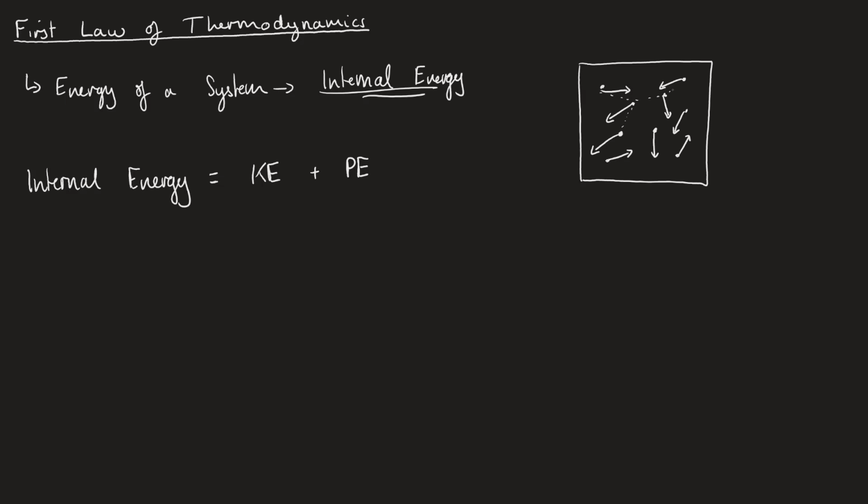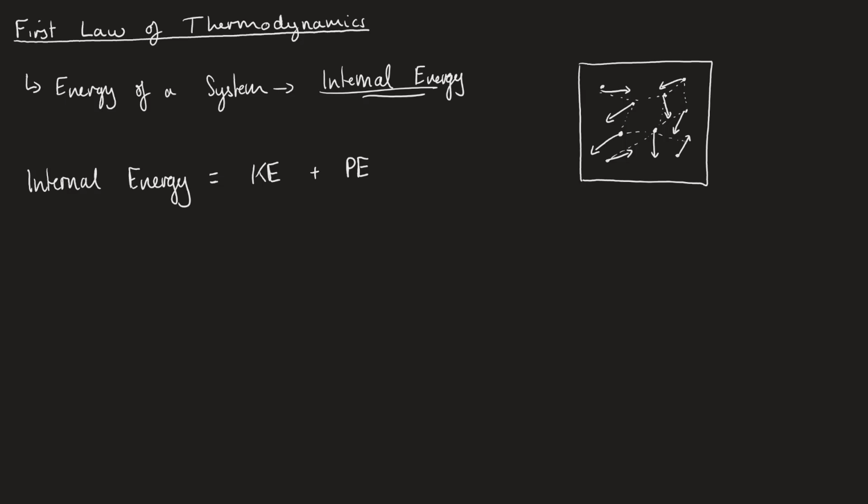They will all have electrons and nuclei, so they'll end up with some weak force of attraction. Anyone doing chemistry will recognize those kinds of intermolecular forces. So this is our definition of internal energy: it's just the sum of all the kinetic energies and potential energies.